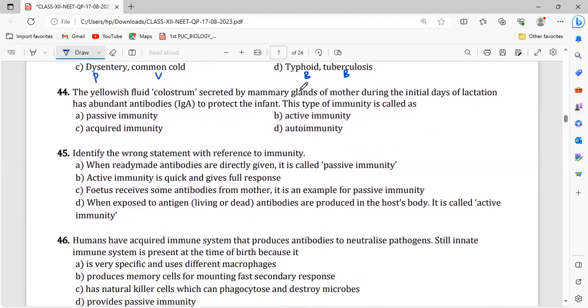Next, 44. The yellowish fluid colostrum, secreted by mammary glands of the mother during the initial days of lactation, has abundant IgA antibodies to protect the infant. This type of immunity is called? Here the antibodies are directly transferred from mother to baby. Where there is direct antibody transfer, that comes under passive immunity.